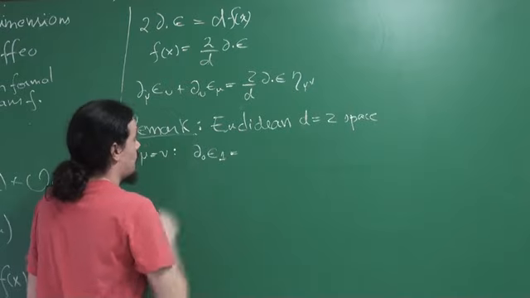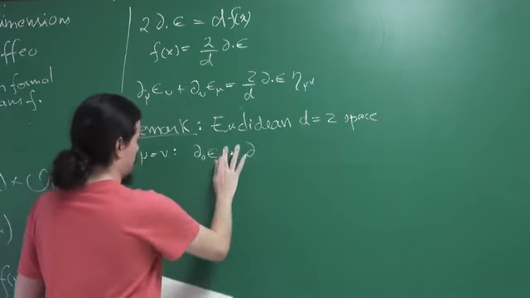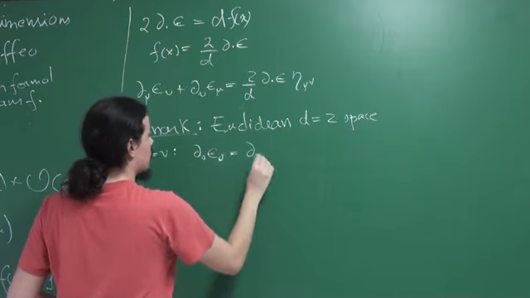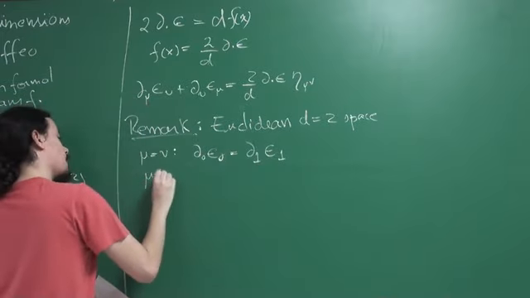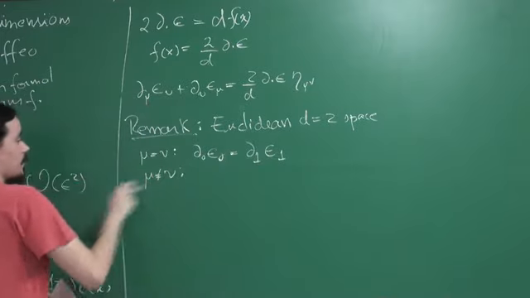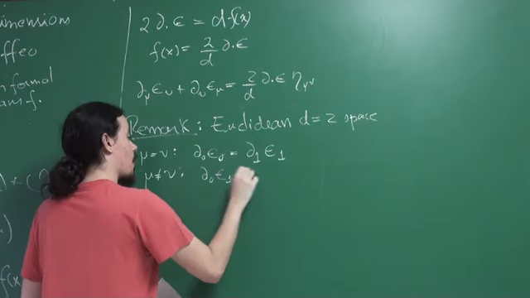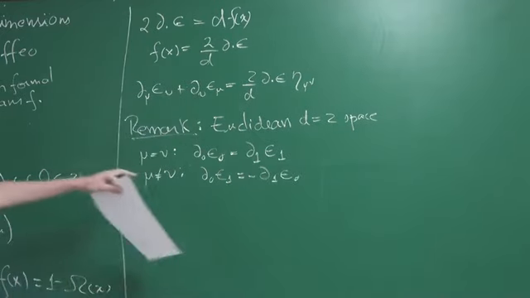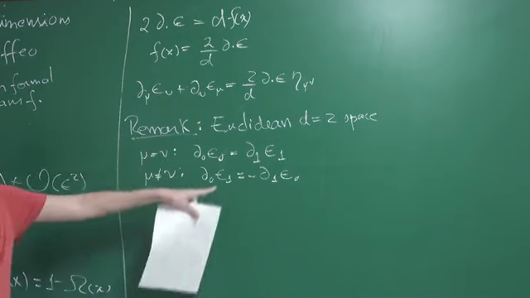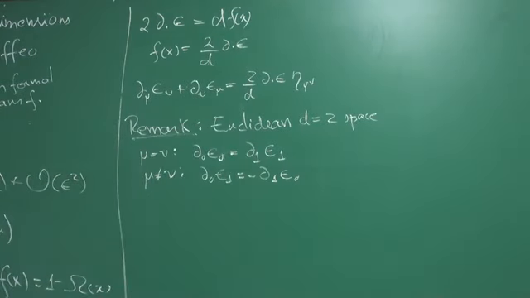So in two dimensions, actually, sorry, it's 0. This. And if you look at mu different from nu, we have this set of equations. These will be the set of equations in a Euclidean two-dimensional space that characterizes conformal transformations.